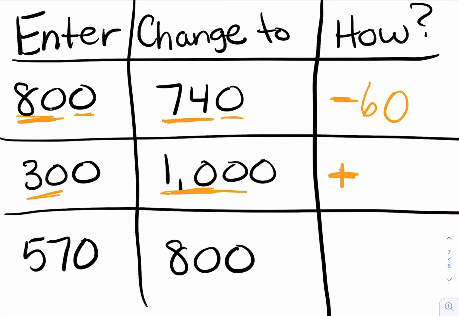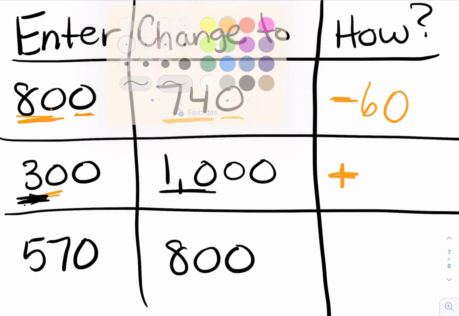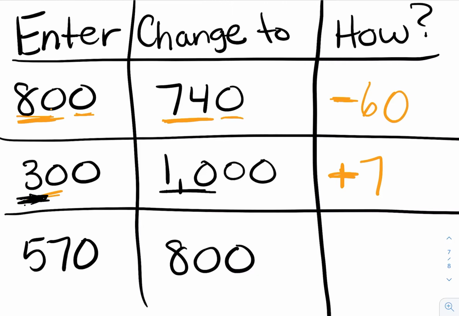So in this case, you could think 3 and 10. What happened? 3 and 10. Well, how much do you add to 3 to make 10? 7. And then there are 2 more zeros to add to the answer.